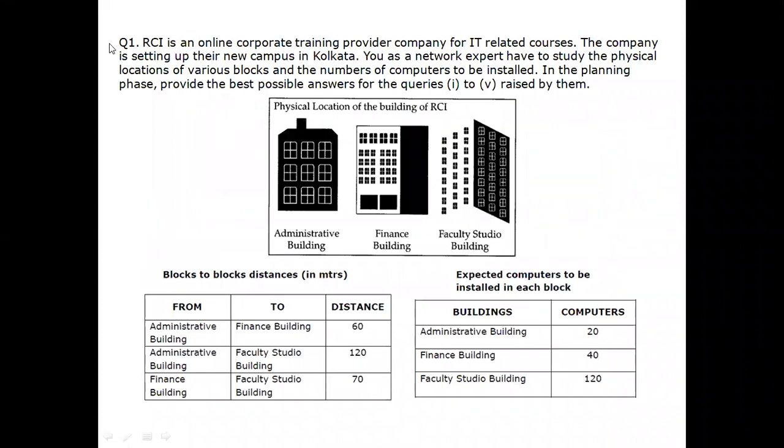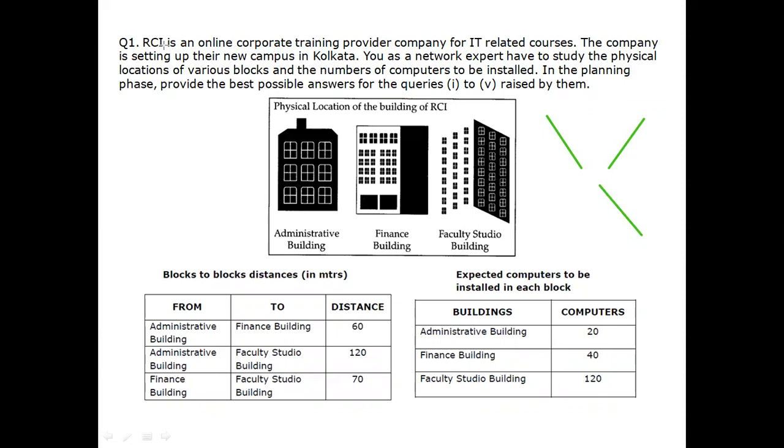If I make the diagram, how is it to be made? Like if I put a central point over there, and here is the administrative, here is the finance, and here is the faculty studio.